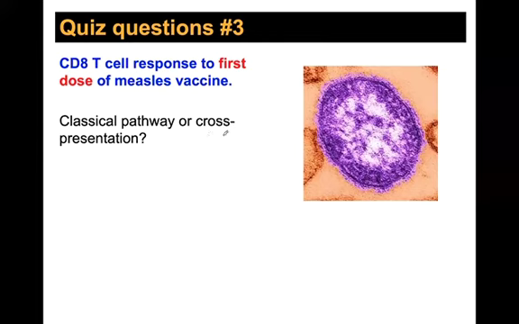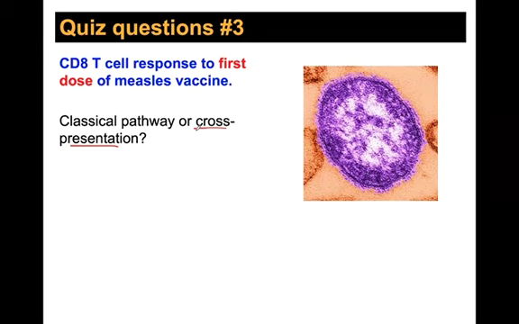Well, that's probably true for the initial step, the very first activation. And as we're getting to a gray area, the very first cells to be activated are probably by cross-presentation. It depends a lot on what the measles vaccine is, okay? In this case, the measles vaccine is a replicating thing. It's an attenuated virus.